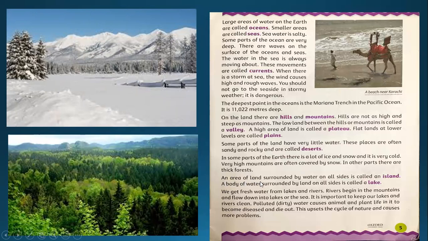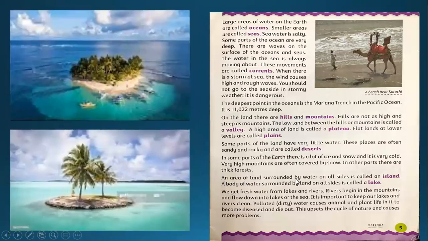An area of land surrounded by water on all sides is called an island. This is the word island. An area of land, just see in this picture, surrounded by water. All sides there is water, is called an island.